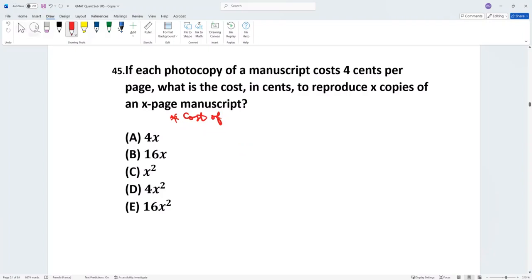so I'm going to say cost to photocopy just one page of the manuscript is equal to 4 cents.